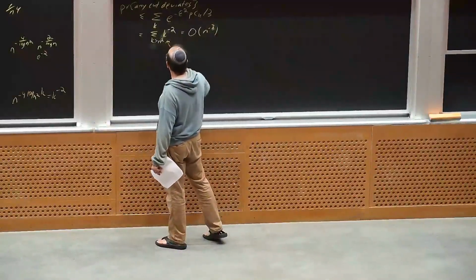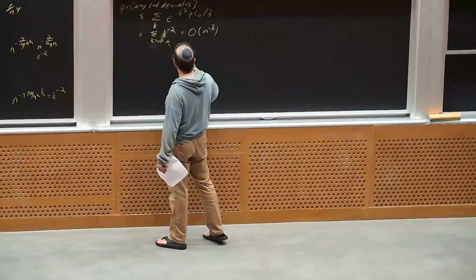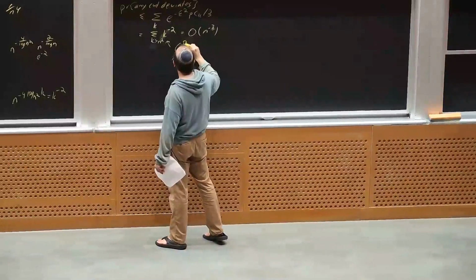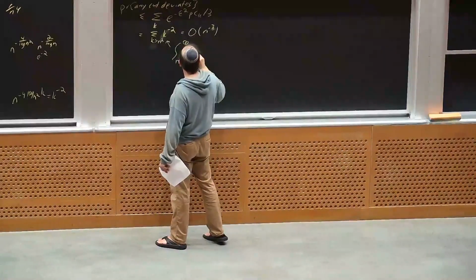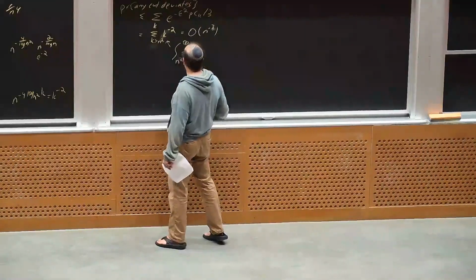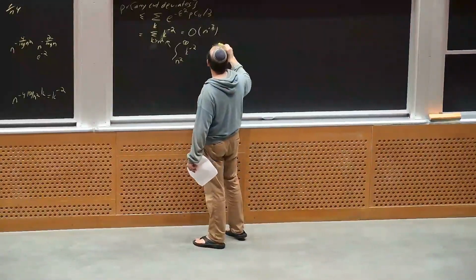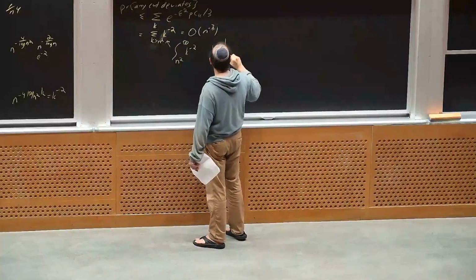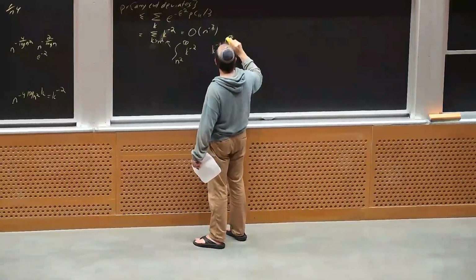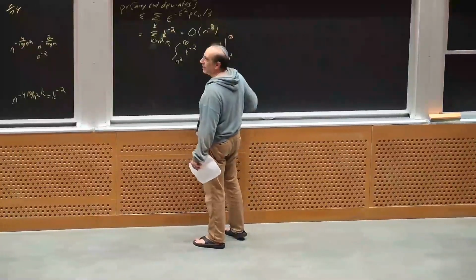We use our usual integral trick: the integral from n squared to infinity of k to the minus 2 gives us k to the minus 1 from n squared to infinity, which will give us n to the minus 2.